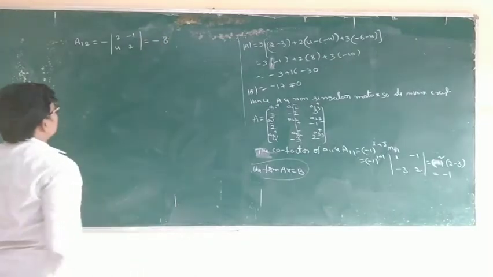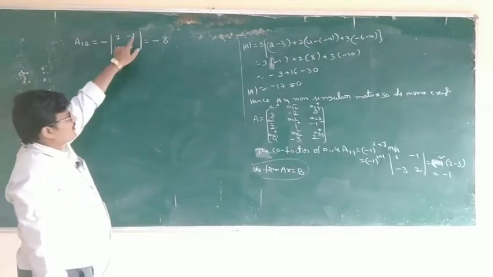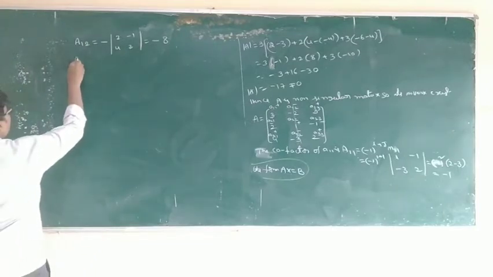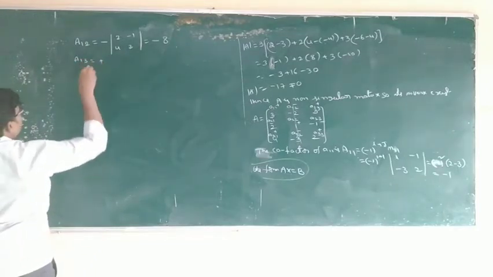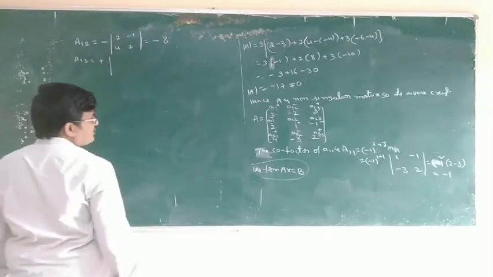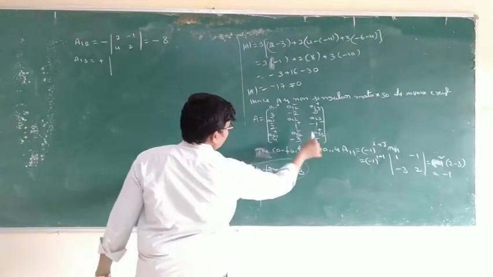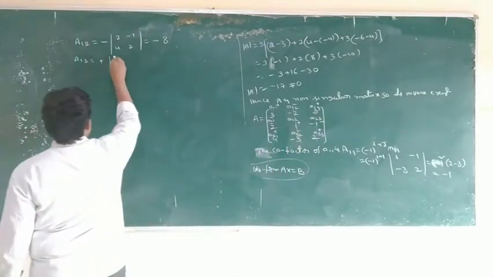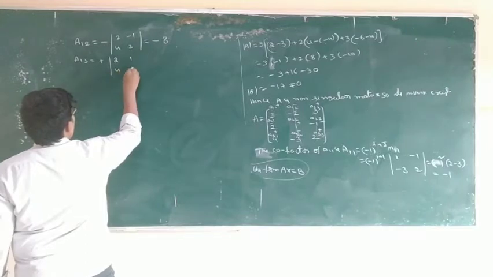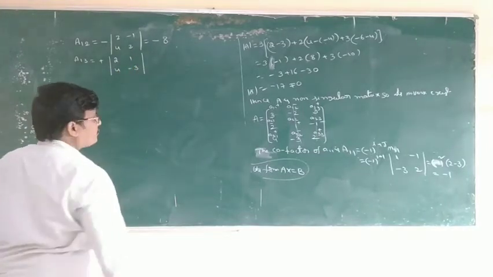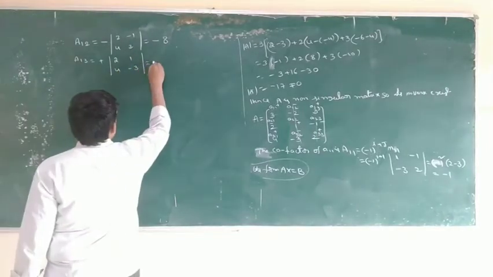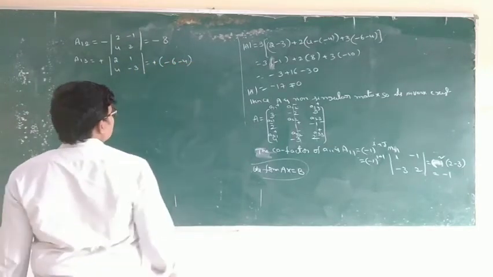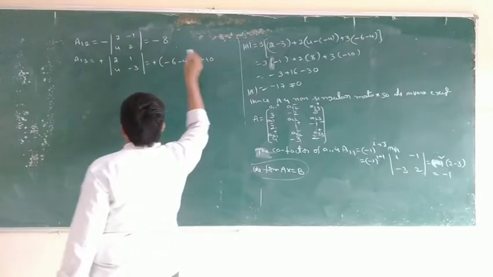Next, A13: the position is plus 1, with the corresponding row and column deleted, remaining 2 1, 4 minus 3. So that is 2 into minus 3, minus 6, minus 4, which is equal to minus 10.